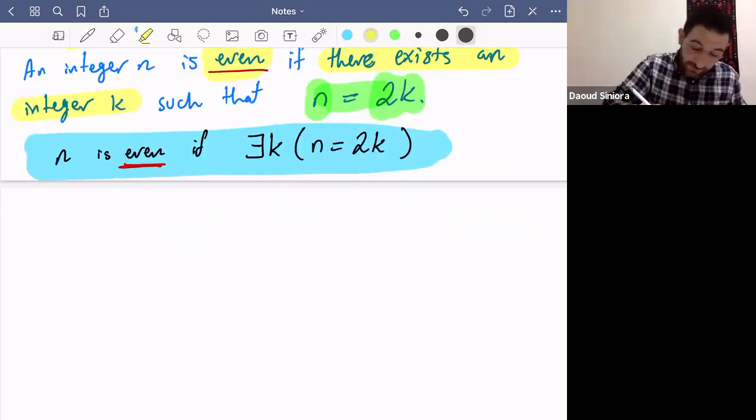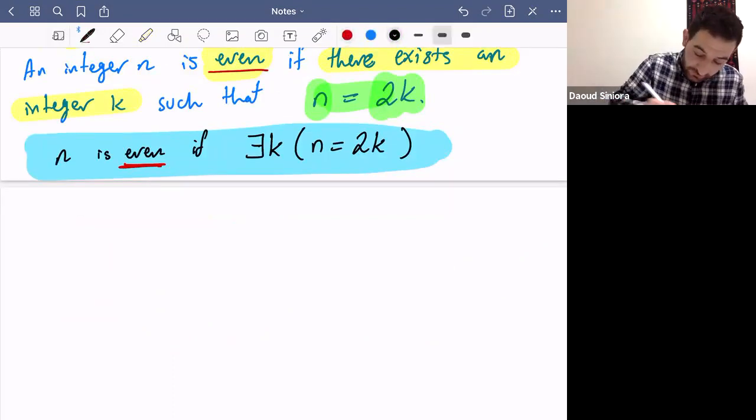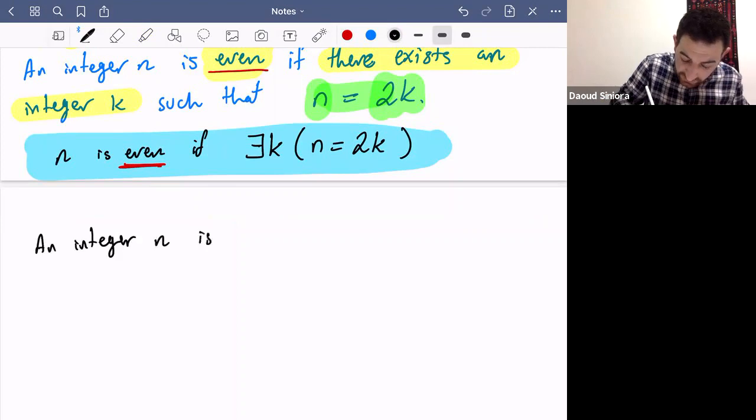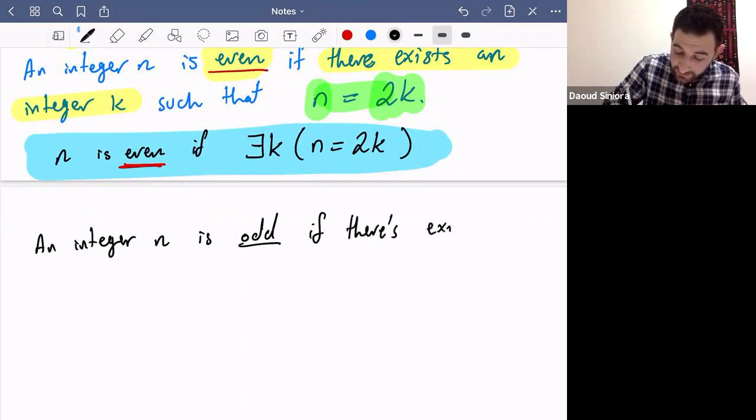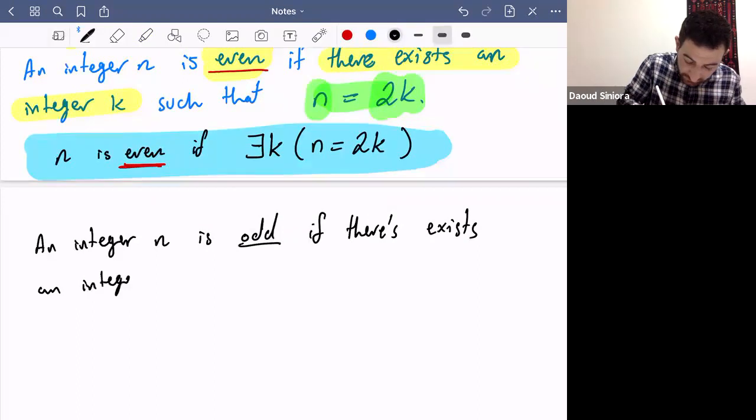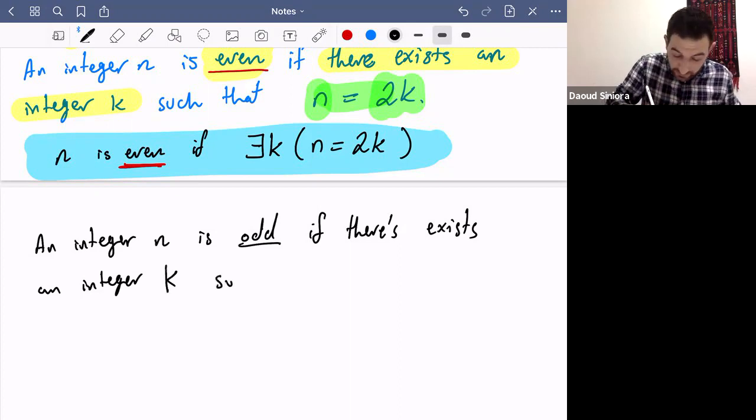Now, what does it mean for n to be odd? Choose an integer n. It is called odd if there exists an integer k such that n is equal to twice k plus 1.